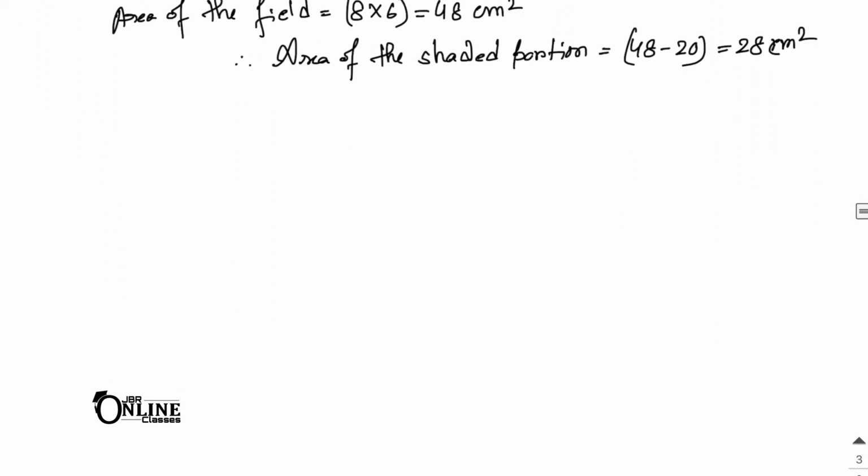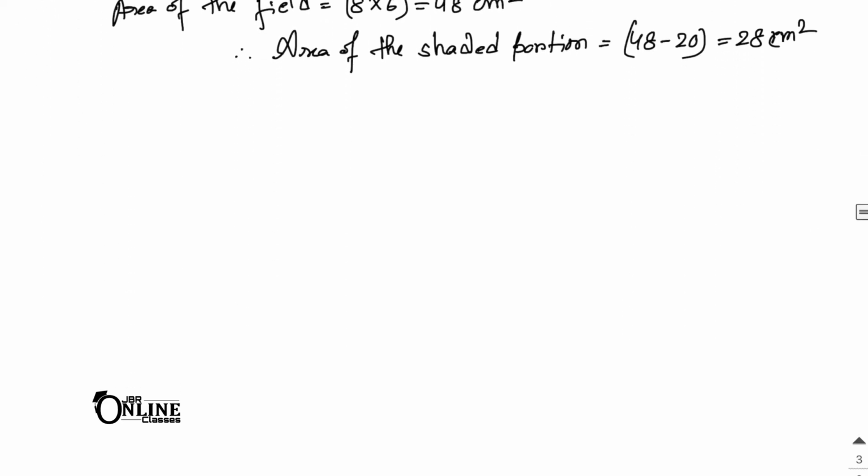Now next one, sum number 8. In sum number 8, a rectangular plot 20-meter long, so length equals 20 meter, and 14-meter wide, so breadth equals 14 meter, is to be covered with grass leaving 2 meter all around.